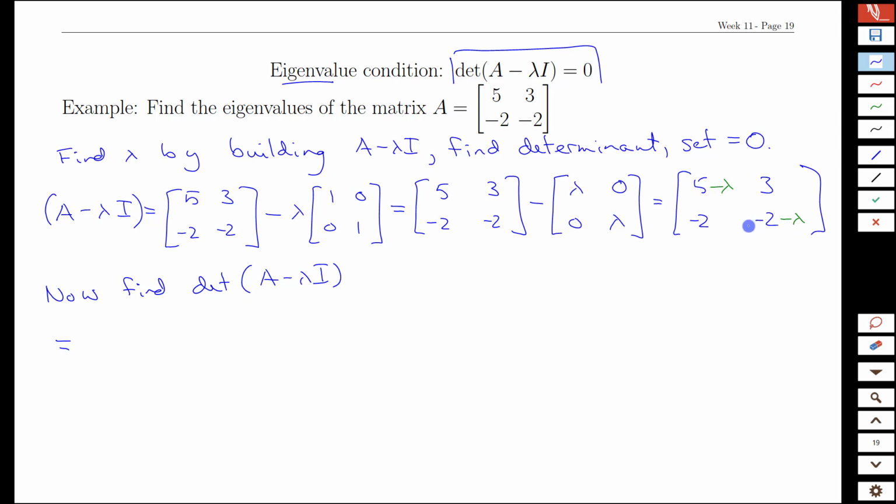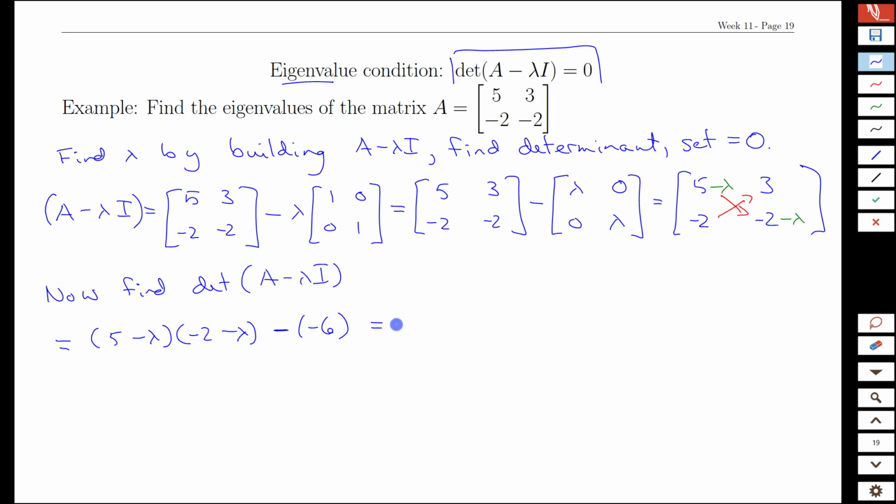And that's easy enough here. It's this 2 by 2 matrix, so I have the 2 by 2 multiplied down the diagonal. So we're going to take this product minus that product, minus, and that one's easy, that's -6, like so. And what do you see when you expand this out? We get a quadratic in lambda.